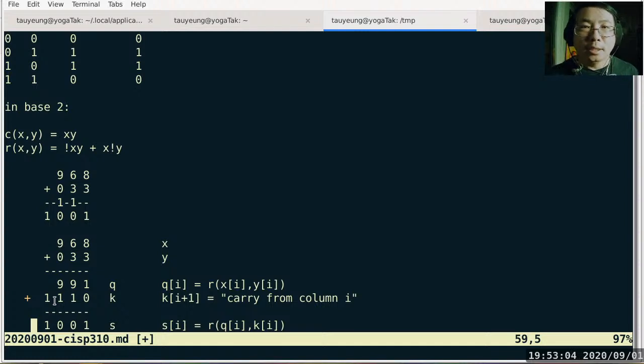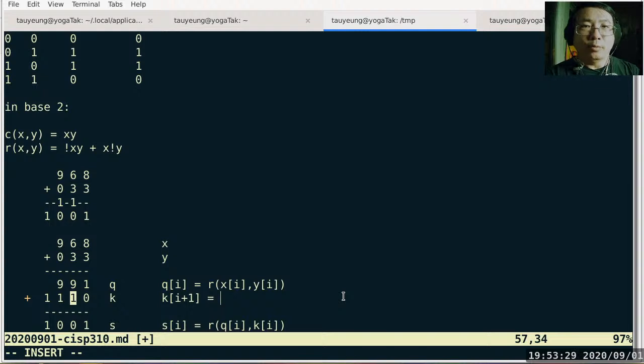All right. So let's take a look at the K term because we want to figure out, instead of just using quotes to say that this is carry from column i, can we do better? So we know that there are two sources of carrying. When you look at this one over here, it is coming from the carry of adding x and y.